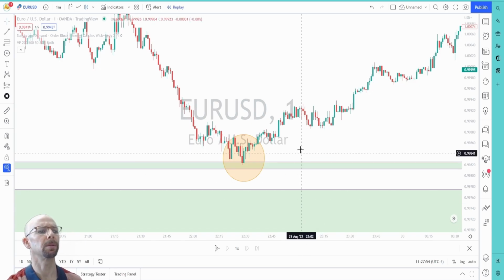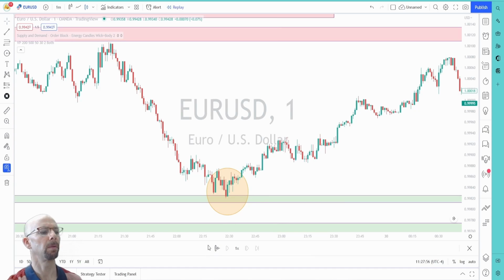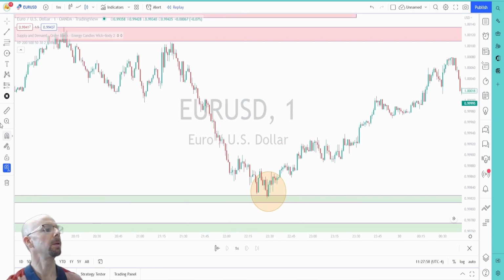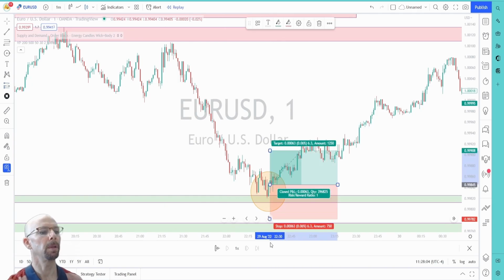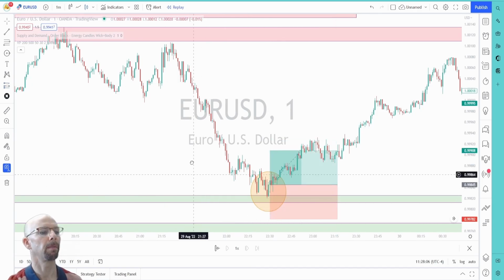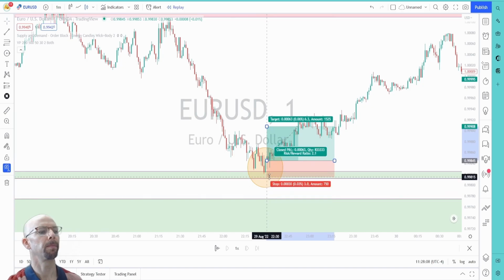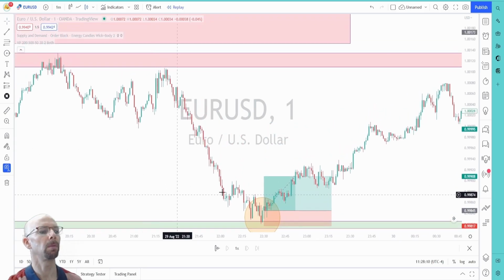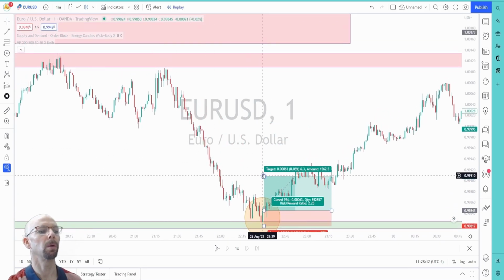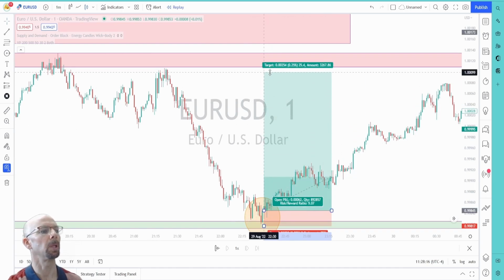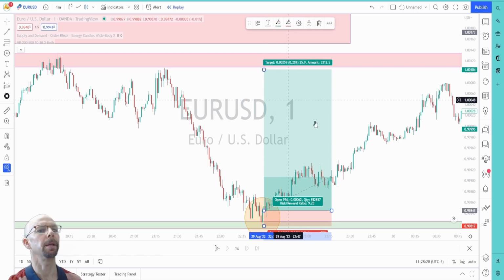So if you see this one here, if you were going for a long on this one, you would have had your stop loss just below, or you could have given it a little more if you want. I'm usually just below the low and would have been targeting the high.